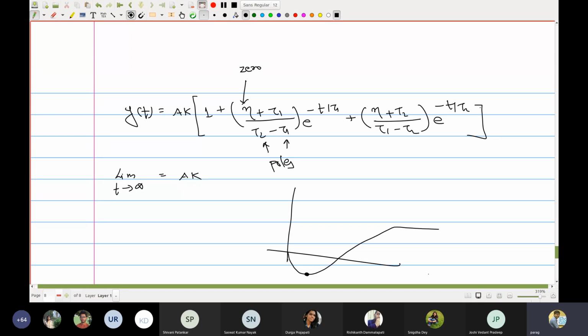Then we saw that there can be a first order system, which is also called a lead lag system, in which your transfer function is of the form (zeta s plus 1) by (tau s plus 1). What you should know is that it is made up of a combination of a first order response and a pure gain response.